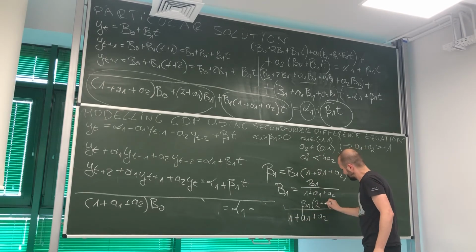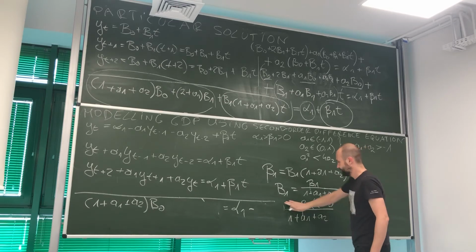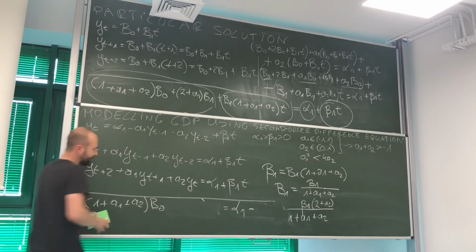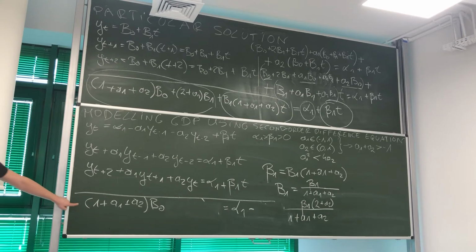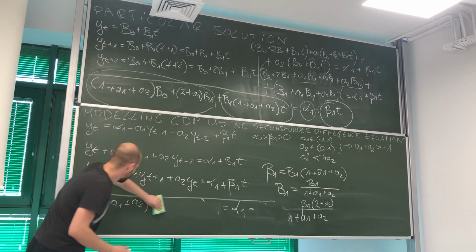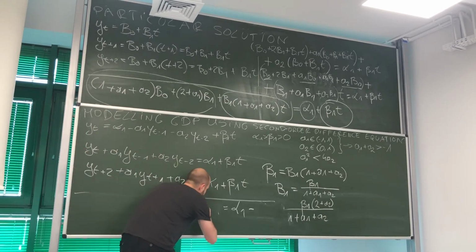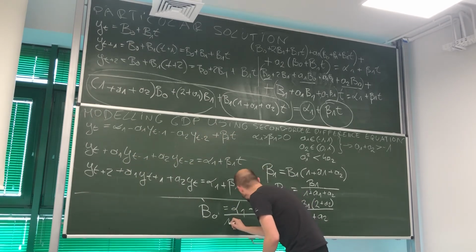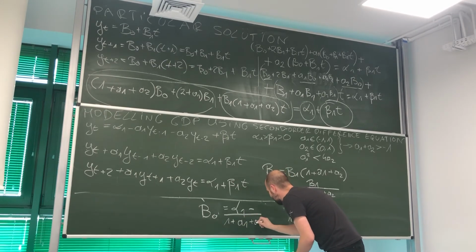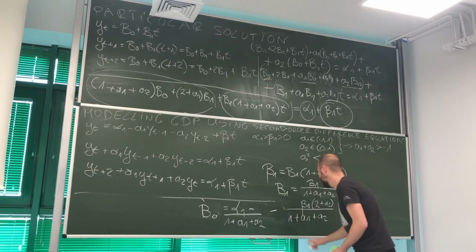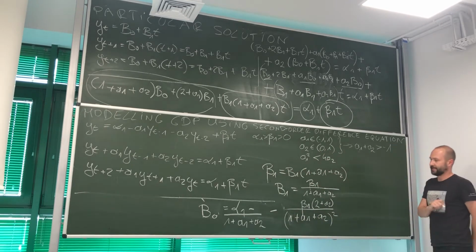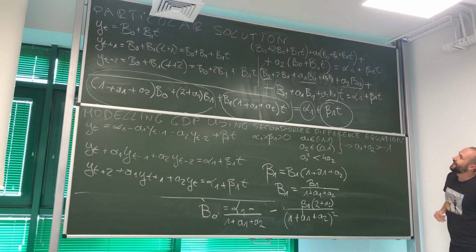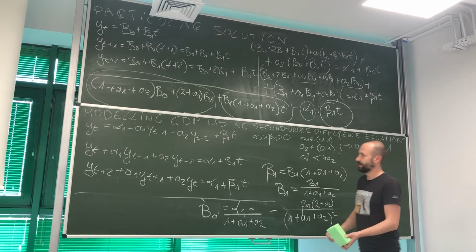Right? So if we want to know what is b0, we divide both sides by this, and we finally get that b0 is alpha 1 over 1 plus a1 plus a2 minus this. Okay, and look, we finally arrived at what we wanted.